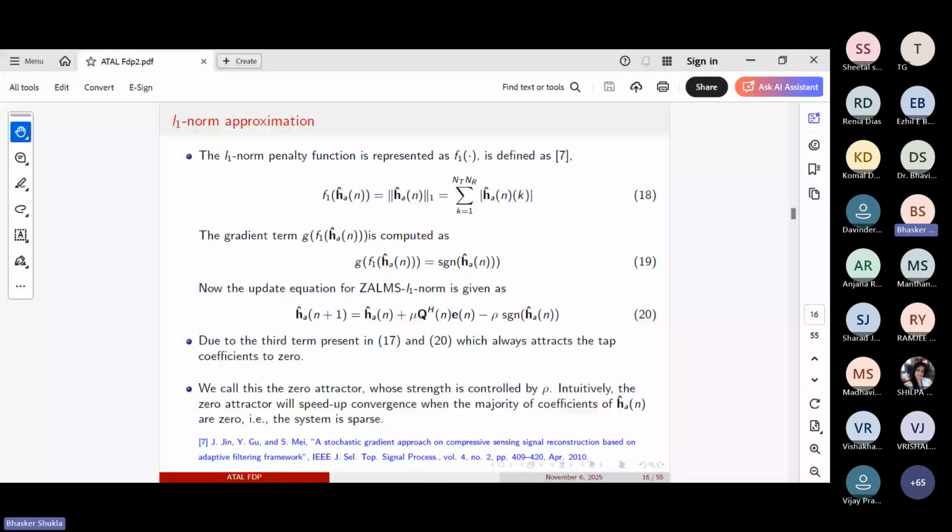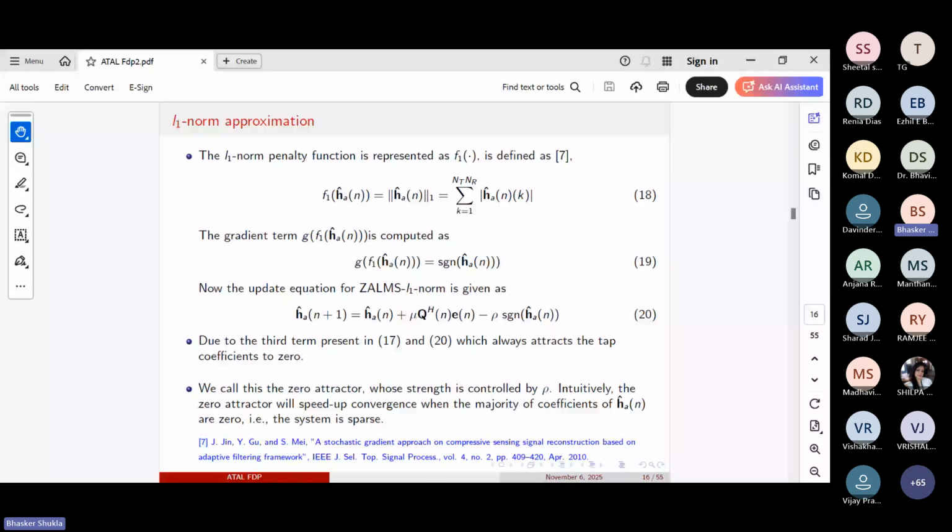On the basis of the multiplication of rho, which is a regularization parameter, and the value of this term, it also attracts sparsity, and the product of these two terms will overall define the sparsity.